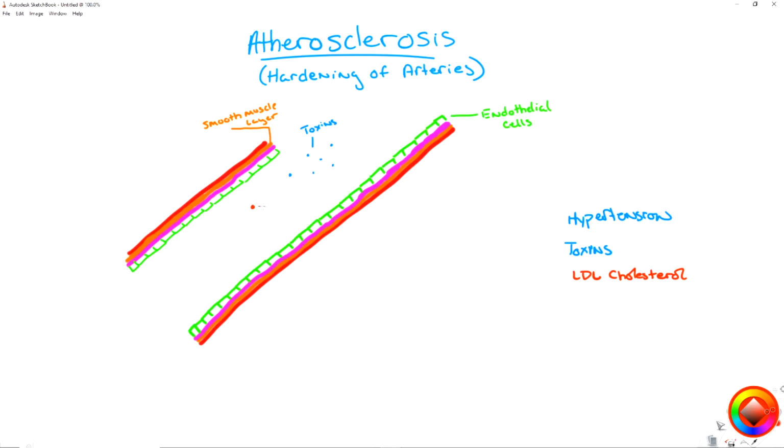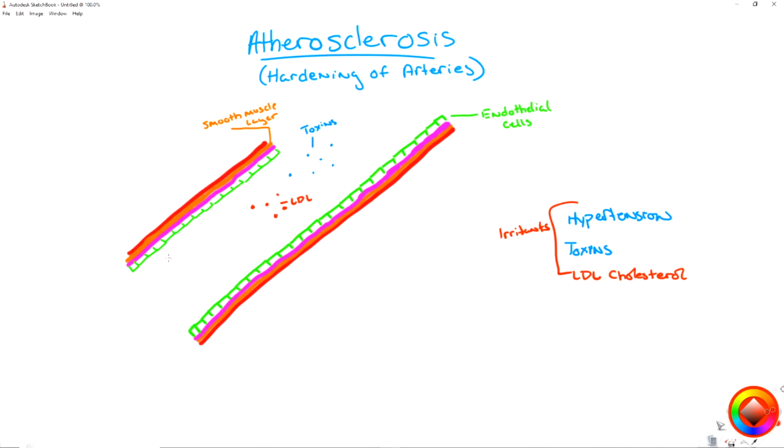So let's put some LDL cholesterol in here. So this is LDL, and that's just free floating in the bloodstream. These are your irritants. So the first thing are irritants, the things that are going to create the issues for where the plaque is now going to sit.